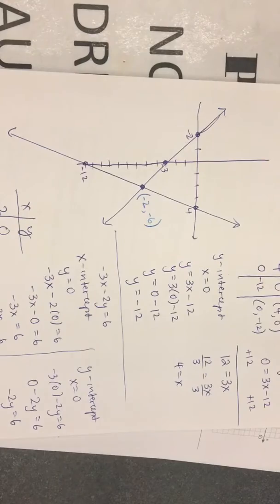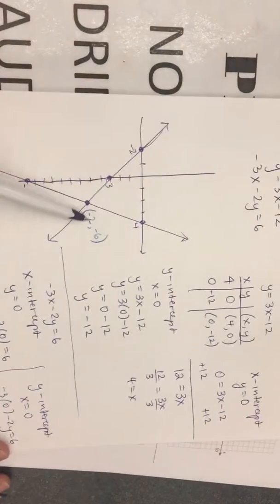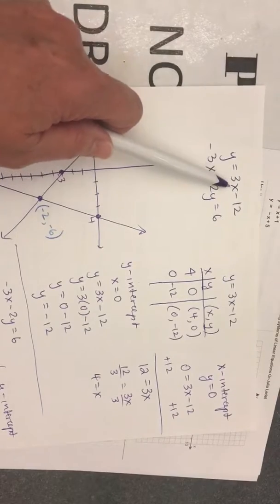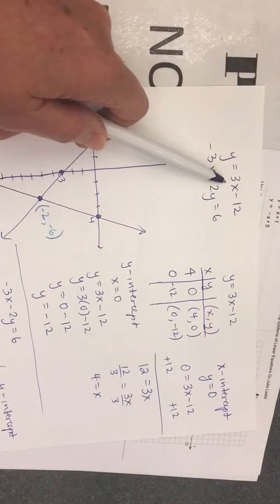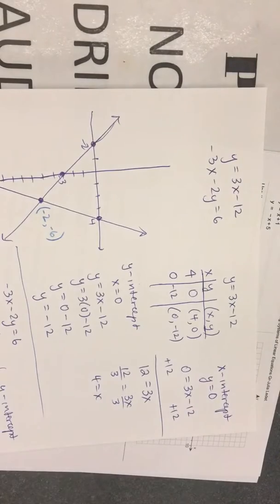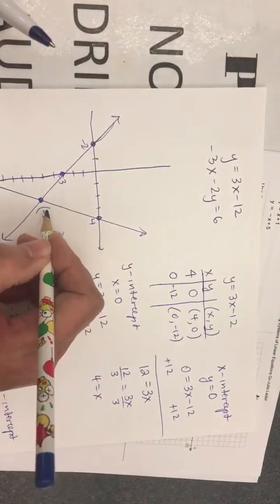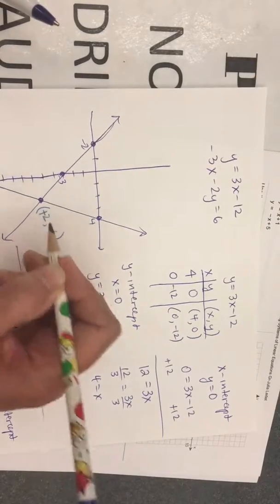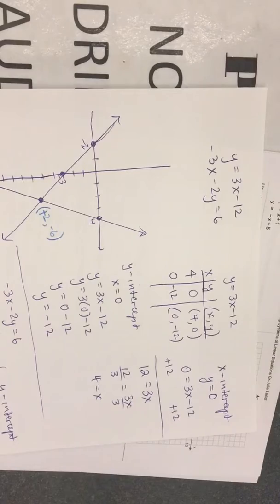I need to check this. Let's see, if I plug this point into my first equation, 3 times negative 2 is negative 6. Oh, that's not negative 2. Did y'all see that? My guess would certainly be wrong. What should I have written? 2. Let's try positive 2.